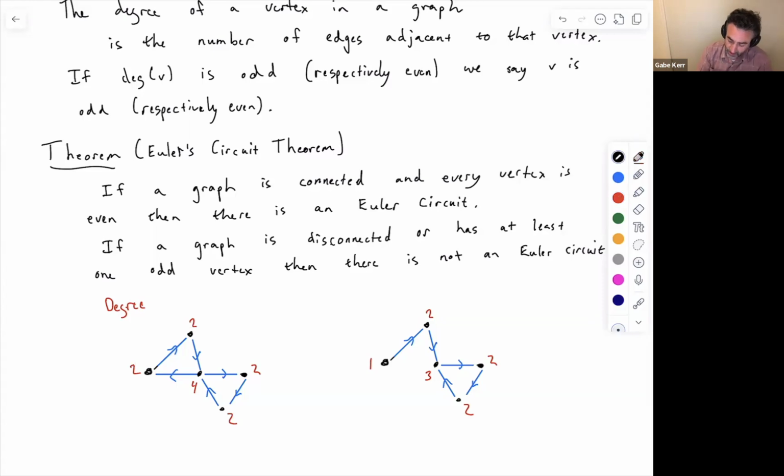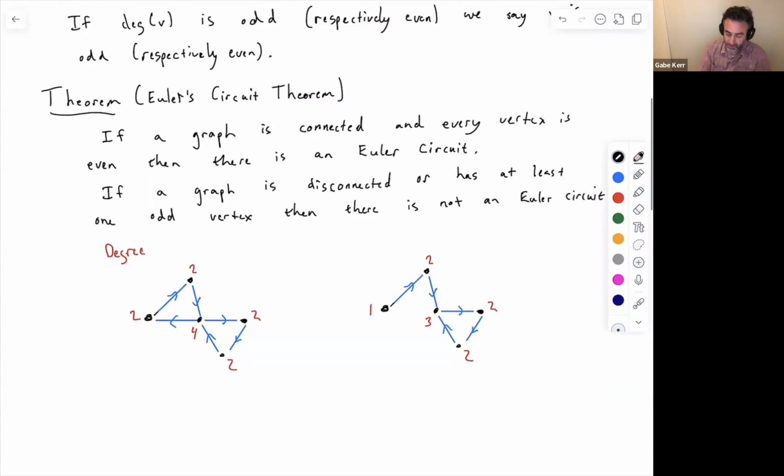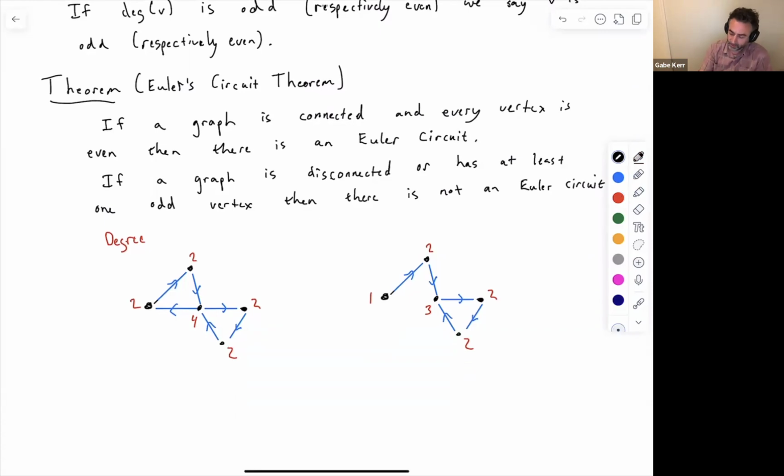Okay, let me say a little bit about why this part of the theorem is true. If a graph is disconnected, it's pretty clear that you can't connect all of the vertices through an Euler path, assuming there's not an isolated vertex in one of the parts of the graph. Let's avoid that particular case.